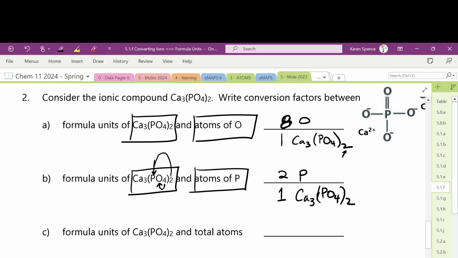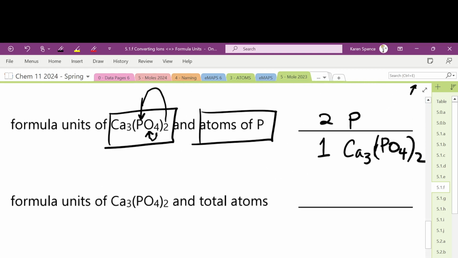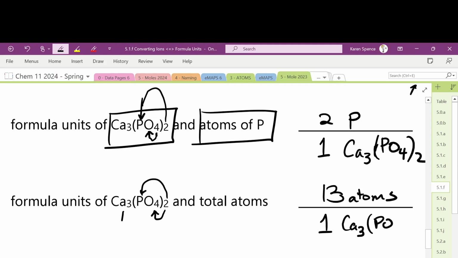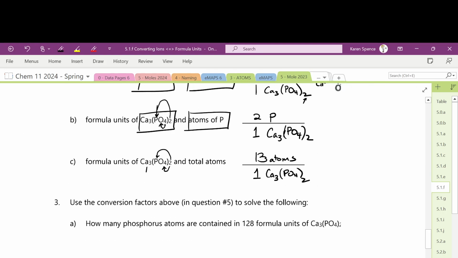Now, formula units of Ca3PO4, 2 and total atoms. Azine, how many total atoms? Pardon me? 13. So we have 8 plus 2 is 10 plus 3, there's 13 atoms per 1 Ca3PO4, 2.